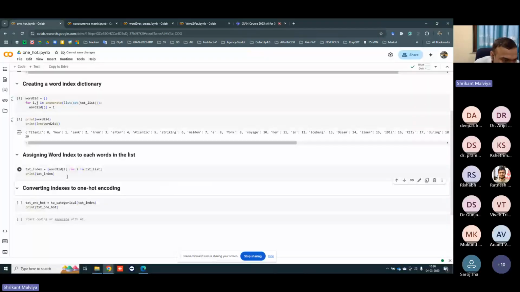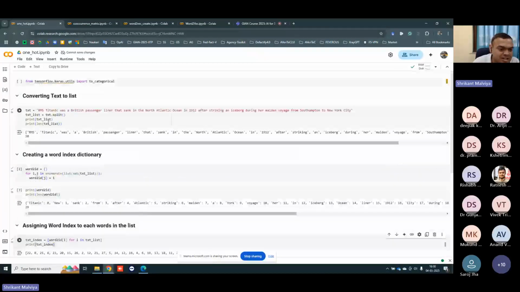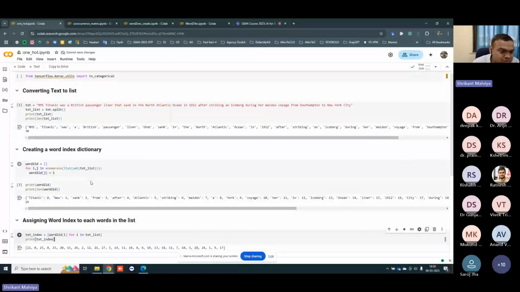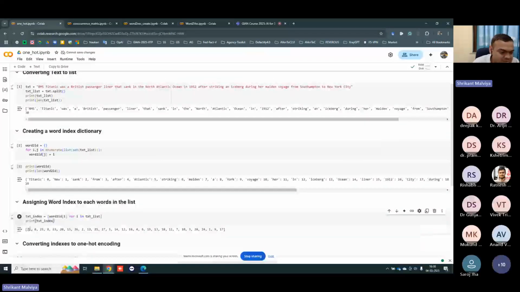Here we are assigning the unique ID for each word, just getting the index of each word which is there in this sentence. So the first word is RMS, and its index is 22. The second is Titanic, and Titanic got index 0. So it's just printing the indexes in the same sequence as in the given sentence.